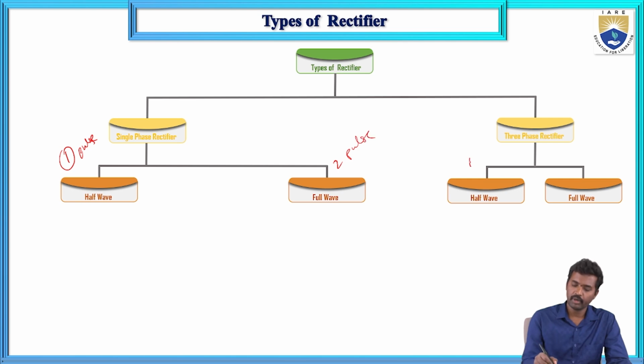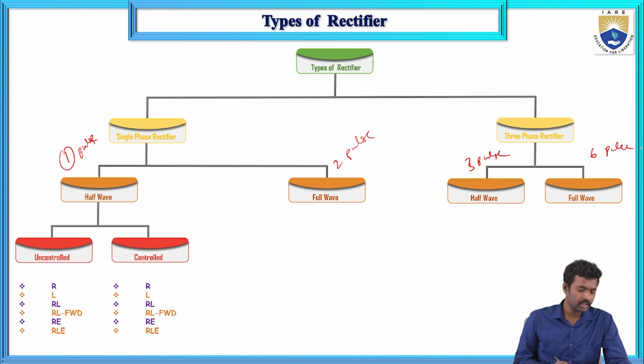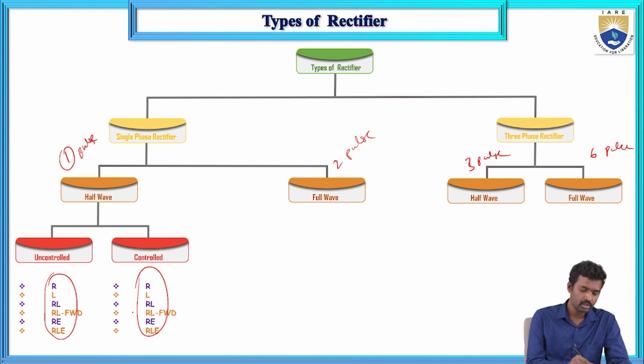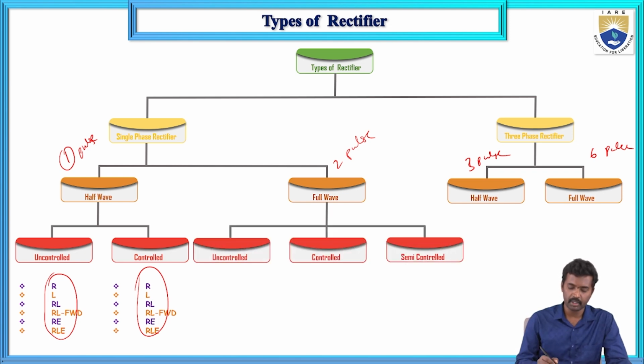Here 3 pulses, here 6 pulses. And then uncontrolled rectifier and controlled rectifier, with different types of loads. Uncontrolled full wave rectifier, controlled full wave rectifier, and semi-controlled rectifier.